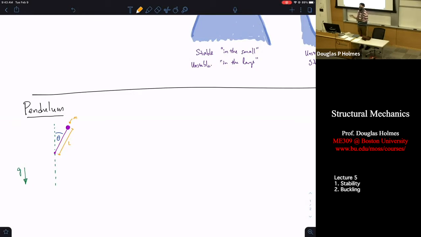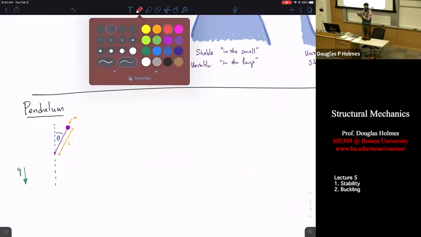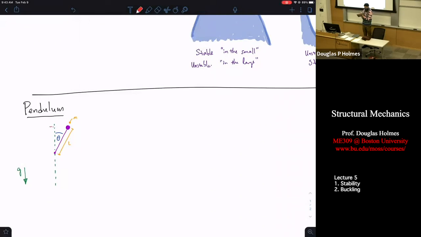then simple geometry can tell us what the vertical projection of this pendulum is. Remember, that's what we care about. We want to know this height as a function of angle, right? Because that's the vertical component.